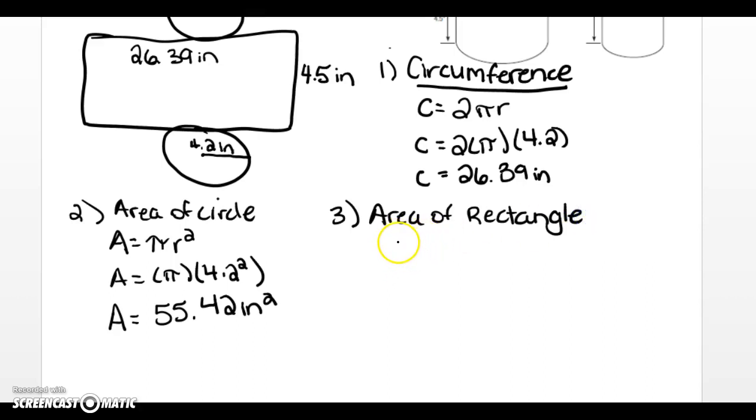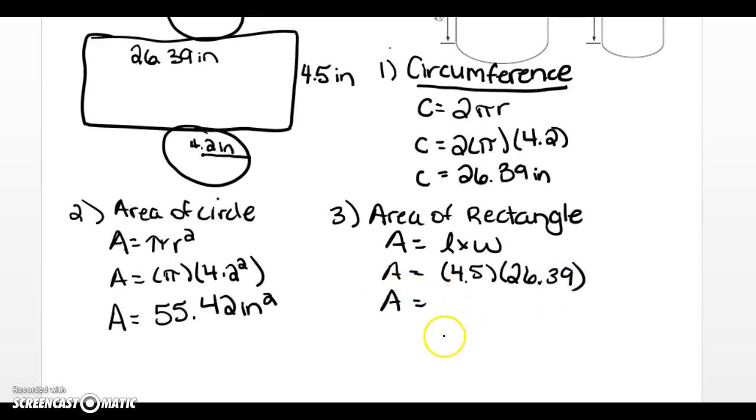So to find the area of a rectangle, your area is equal to your length times your width. So here your area is equal to 4.5 inches times 26.39 inches. When you put that into your calculator, what we should find is that the area of the rectangle is 118.76 inches squared.